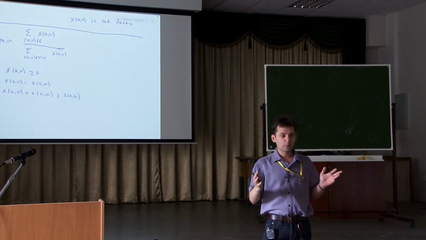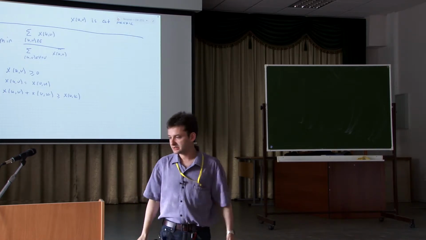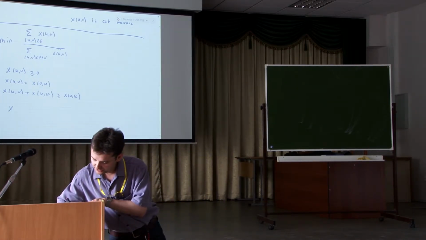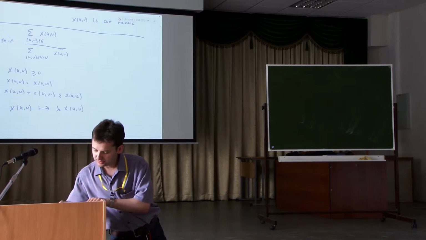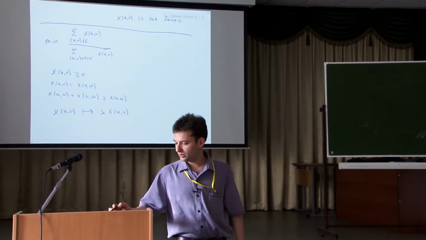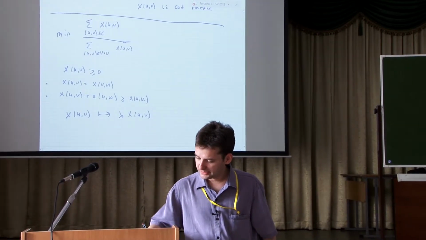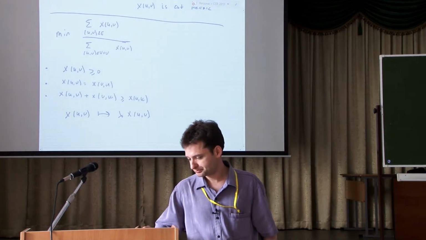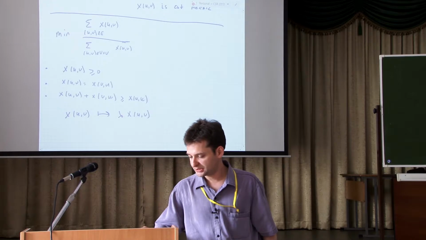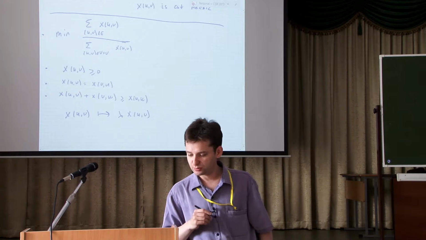If you pick one solution and replace x_uv with lambda x_uv for any positive lambda, then all these triangle inequalities will still hold. It still will be a symmetric distance, all values will be non-negative, and the value of the objective function won't change.